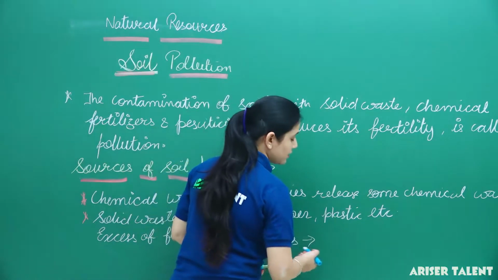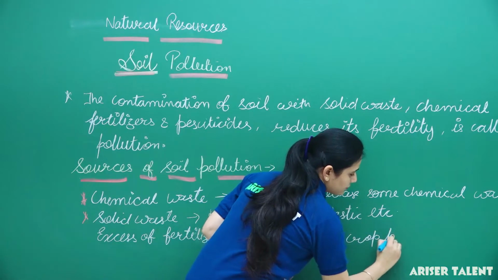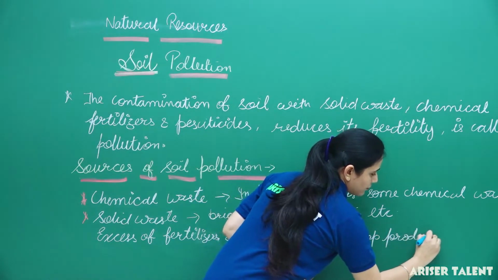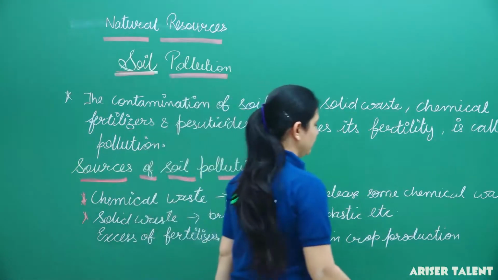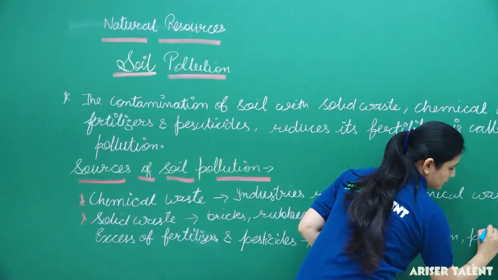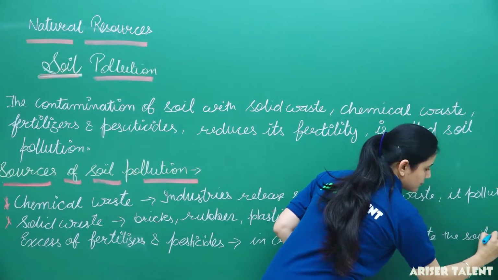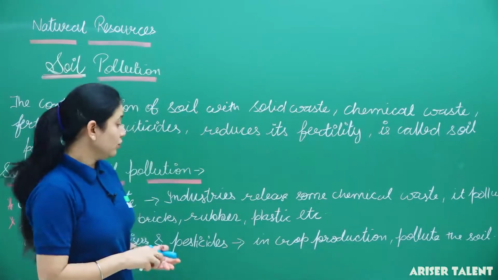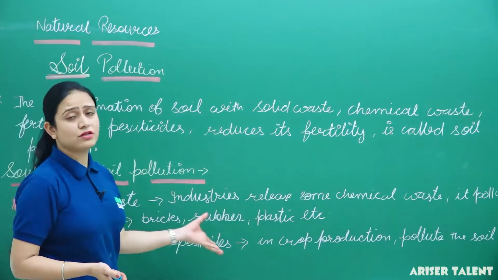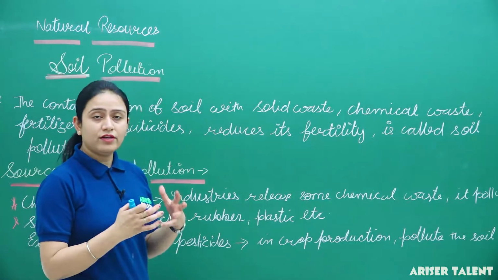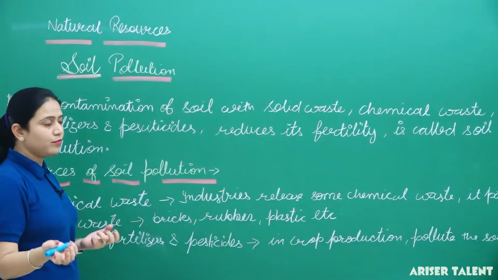Excess use of fertilizers and pesticides in the crop production pollutes the soil. When we want to protect the crop from pests, then we spray the pesticides on that, and when we use the excess amount of pesticide, it gets mixed with the soil and pollutes it.